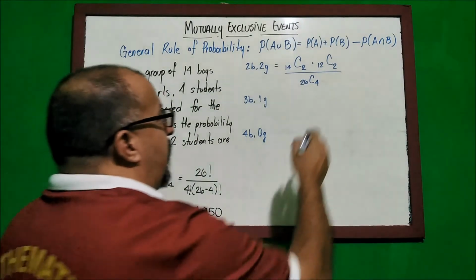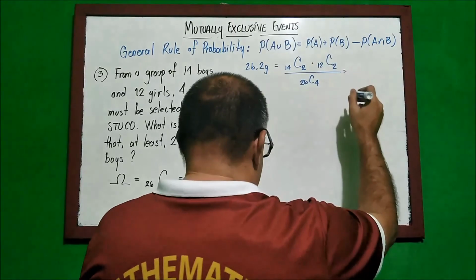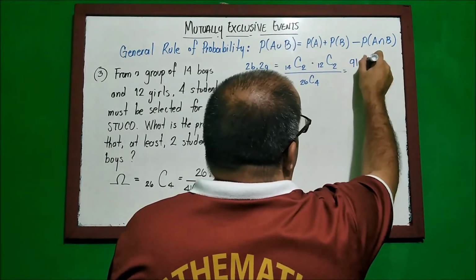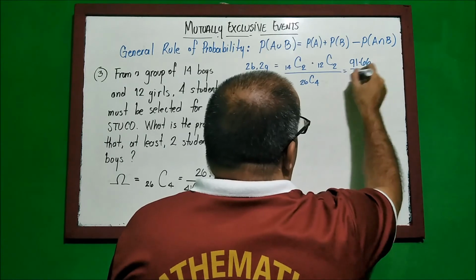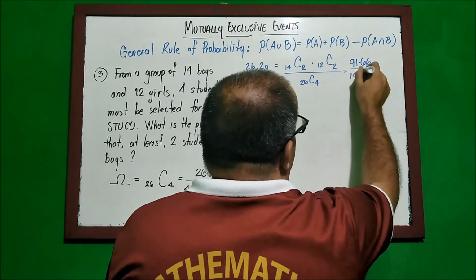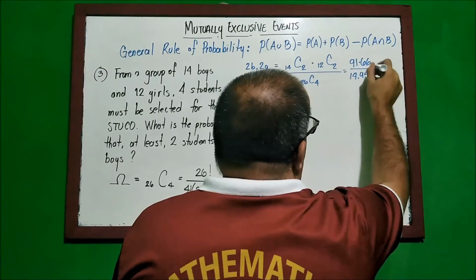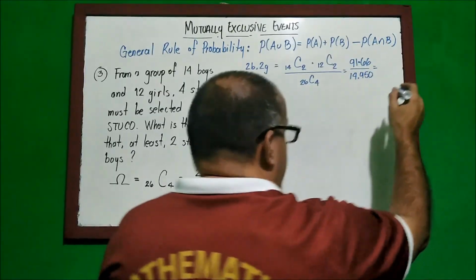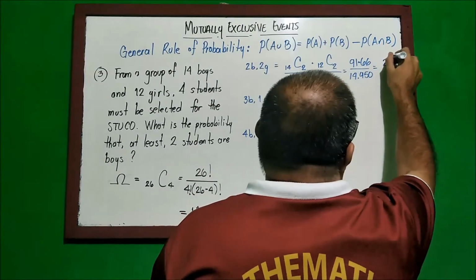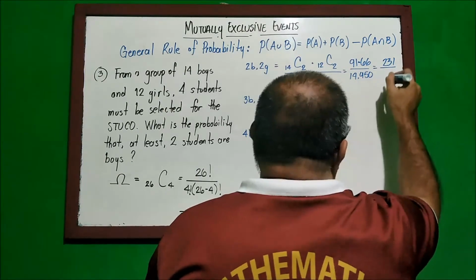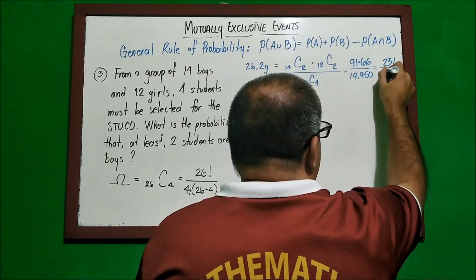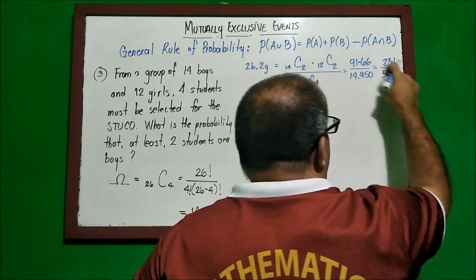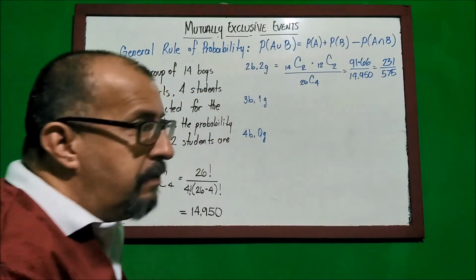So when you apply the process, you will end up having 91 times 66, all this divided by 14,950, and as a final answer, you will have the simplest form of this expression, which is 231 divided by 575. Remember always to write your final answer in simplest form.